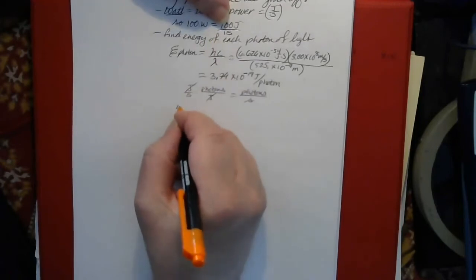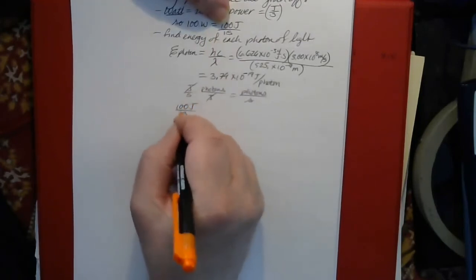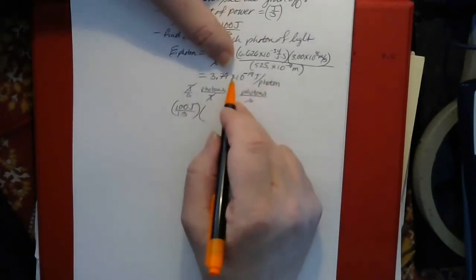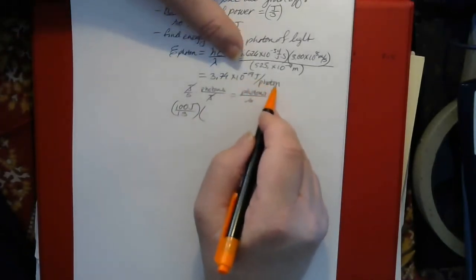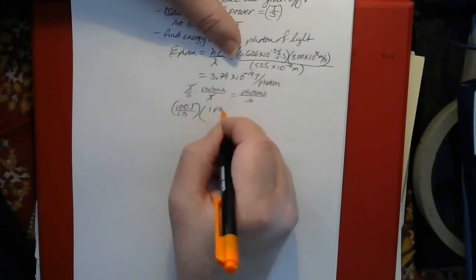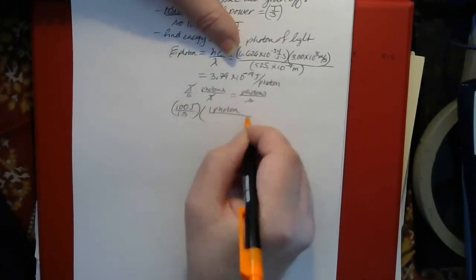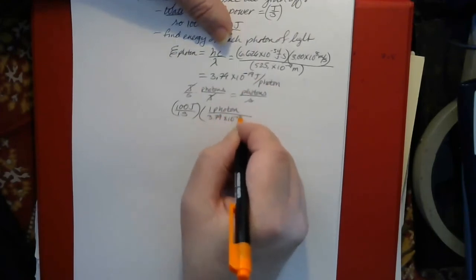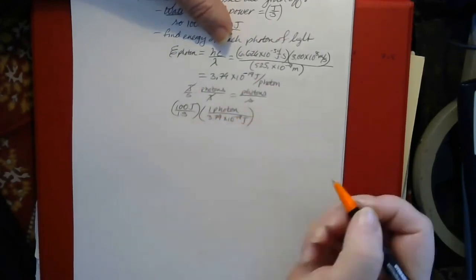We take the 100 joules per second, and 3.79 times 10 to the minus 19 joules per photon just means there's one photon for every 3.79 times 10 to the minus 19 joules.